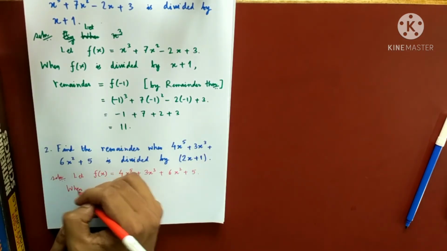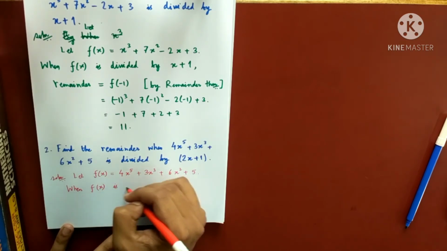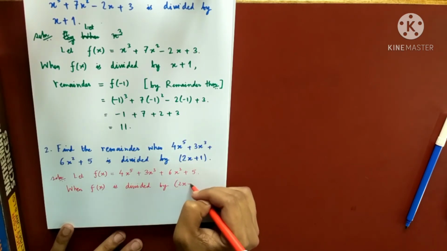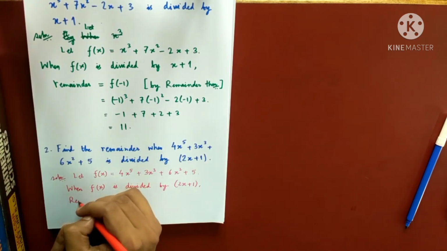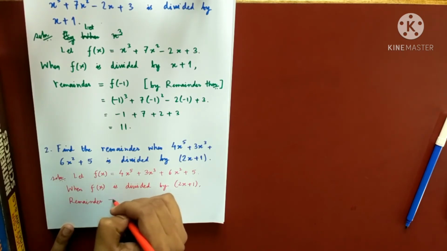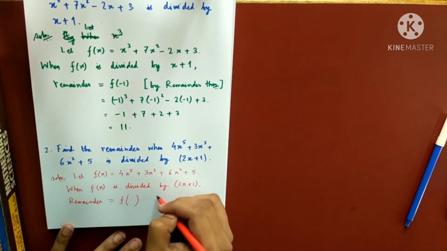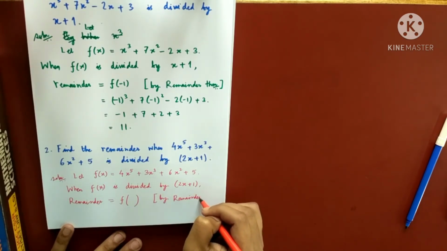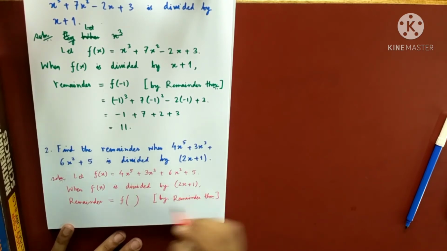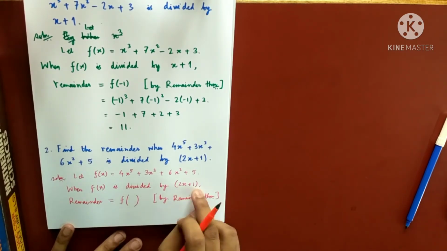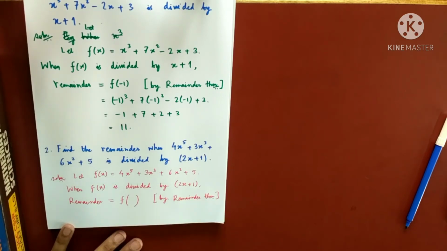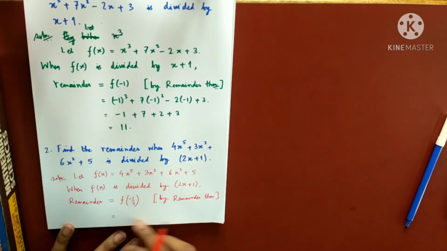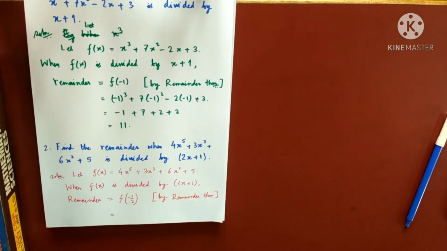When f(x) is divided by 2x plus 1, what will be the remainder? f of minus half. Very good. This alpha will be found by equating this to 0. When I equate this to 0, what will be my value of x? Minus half. So you have to find f of minus half. This I am not going to do. You complete it and tell me what is your f of minus half.